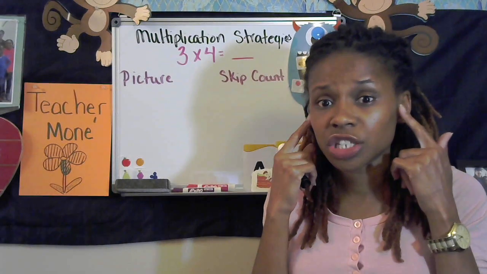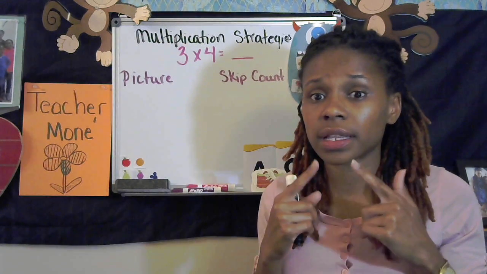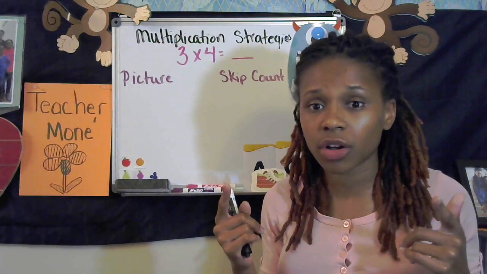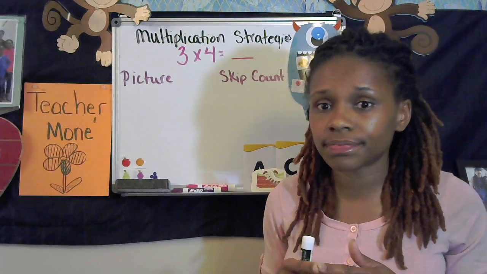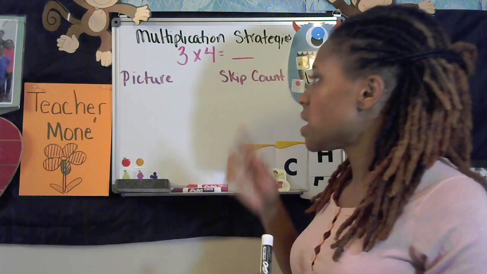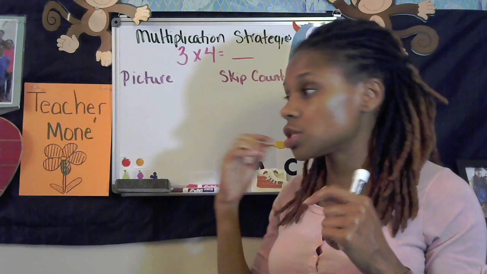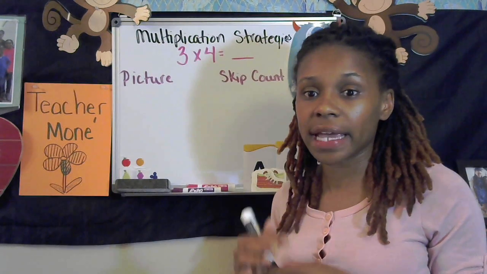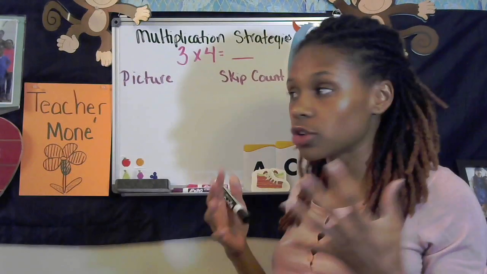It's common knowledge to you, but to an 8 or 9-year-old kid, they're going to be like, I don't know what you mean by making groups. So you want to make sure you start at the very basic level of showing them how to make groups. 3 groups of 4.